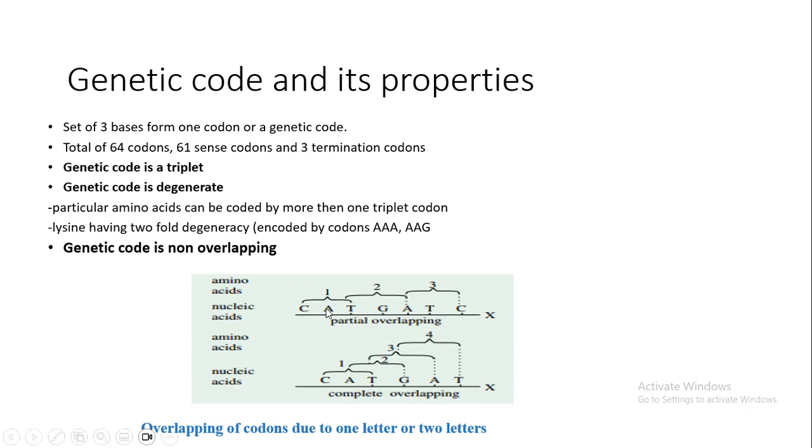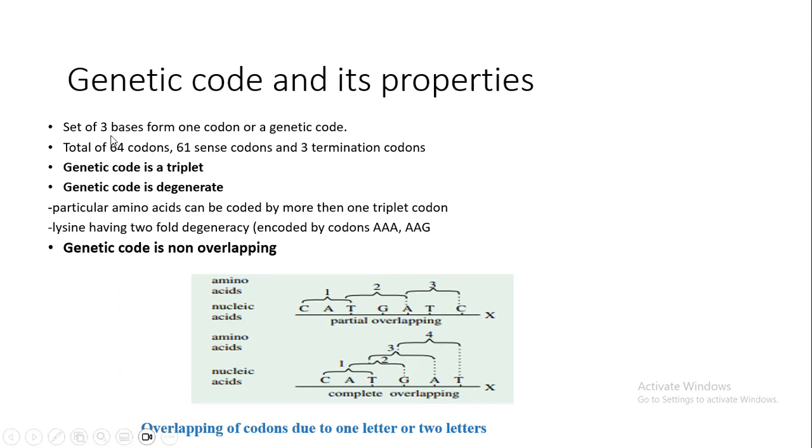Similarly, at the second position of the codon we have 4 different possibilities, either an A, G, C, or T. Similarly, at the third position. Because of this, the product of 4 times 4 times 4 is 64, and hence we have 64 different codons because of different combinations of the 4 bases.